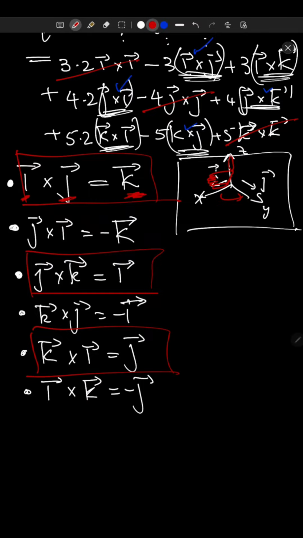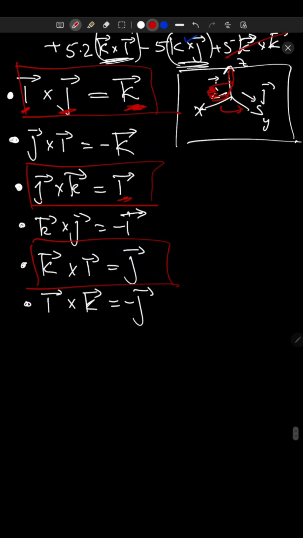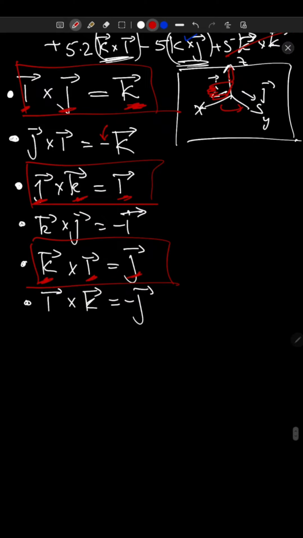The second one, i, j, k in order. The third one, i, j, k in order. Whenever the i, j's, and k's are in order, then the right-hand side is going to have a positive sign. So it's super easy to remember. And if you change the order, for example, this second one here is not i, j, k, it's i, k, j. Because of that misordering, you can remember that there's a negative sign right there.